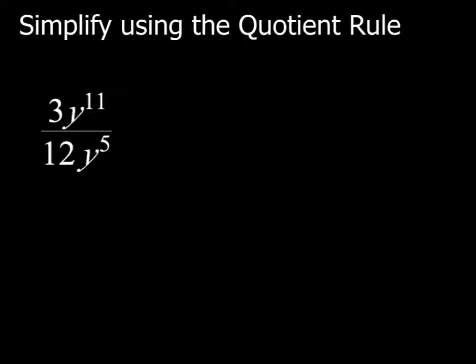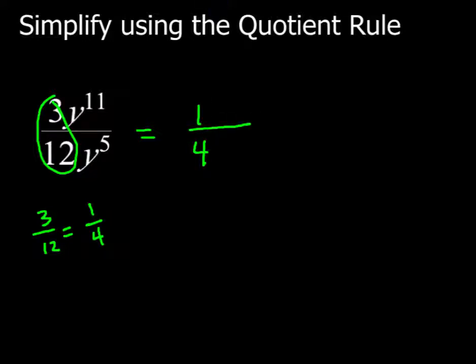Now, with the 3 and the 12, what we've got to take a look at with these is we want to analyze those and say, okay, if I were to take 3 over 12, can I reduce that? Well, of course I can, because 3 goes into both of those. So 3 goes into 3 once, and 3 goes into 12 4 times. So that constant out in front would end up being just 1 in the numerator, or a 4 in the denominator.